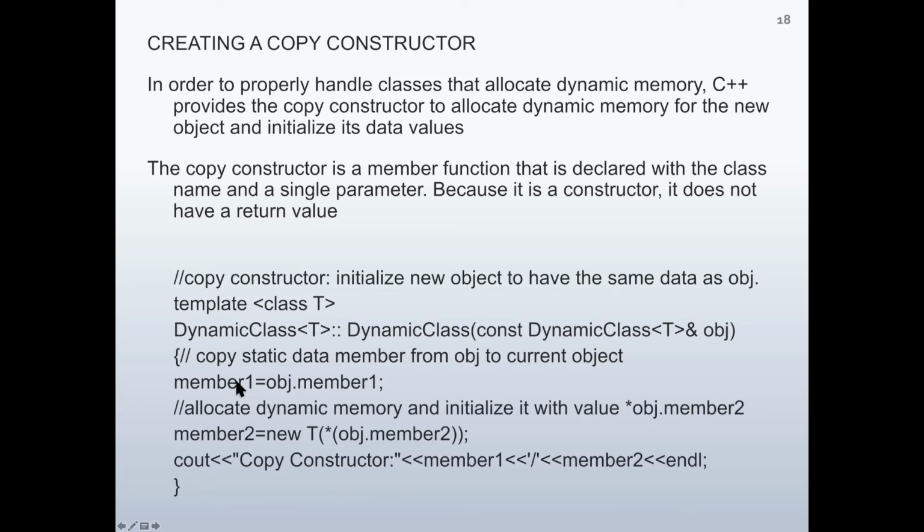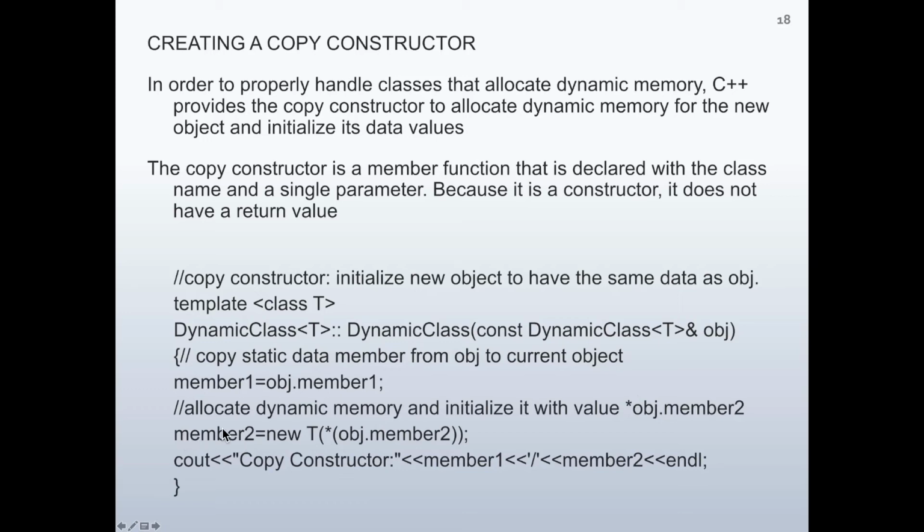In the function, the static data member from obj is copied to the current object. So obj member1 is copied to member1 of the object which is just created. And also allocate dynamic memory and initialize it with the value of the object pointed to by the member2 of obj.